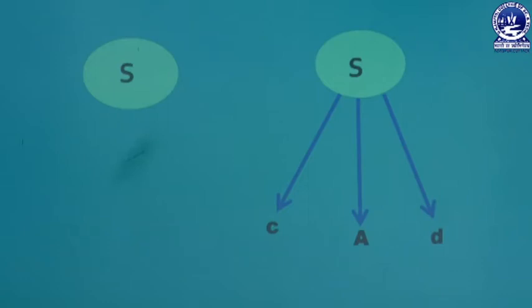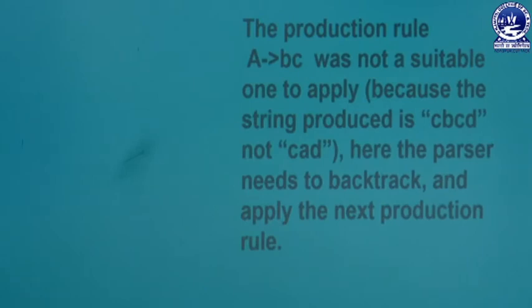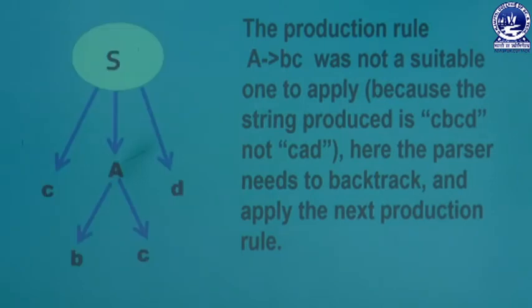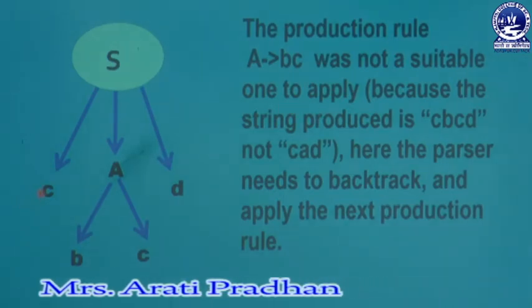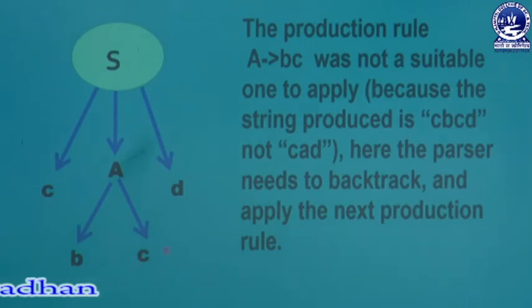And here actually we need to generate the string CAD, in which A is a small letter, but here A is a capital letter. That is why we apply the production rule A. Now we will implement the second production rule, which is A derives BC, but when we implement A derives BC, it is not suitable, because here we are generating the string CBCD, but we need only CAD, which is not our required string.